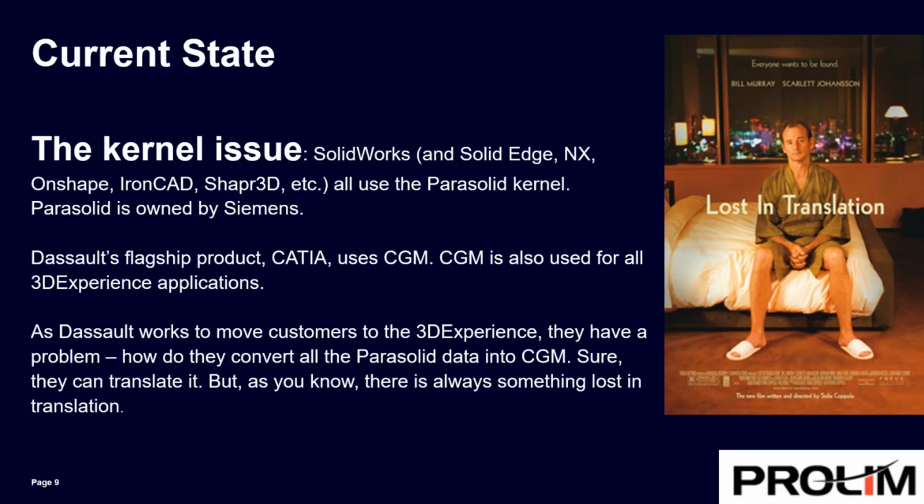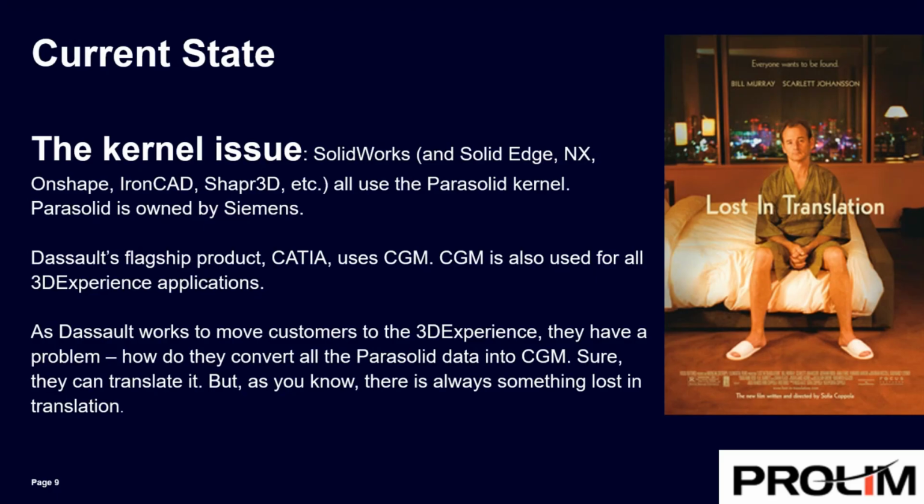So CGM is a powerful kernel, but it's not Parasolid. In efforts to cut ties with the Siemens-owned Parasolid kernel, SolidWorks is pushing their customers to move to the 3DEXPERIENCE, meaning working with this CGM kernel. This includes the SolidWorks platform itself in the near future, so it will be transitioning to this CGM kernel as well.